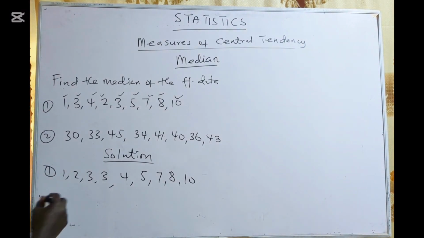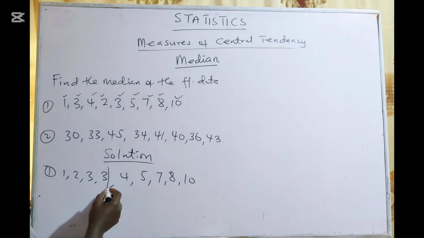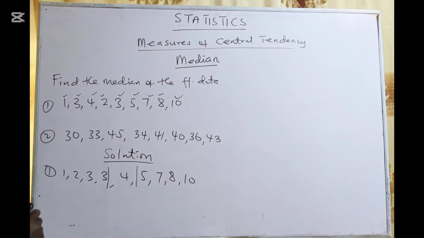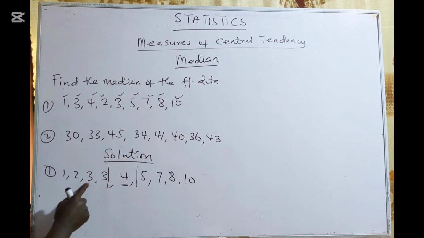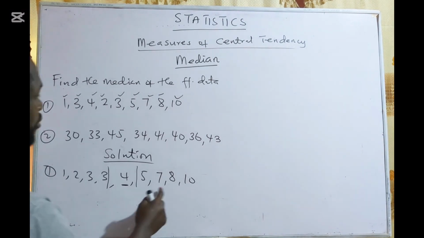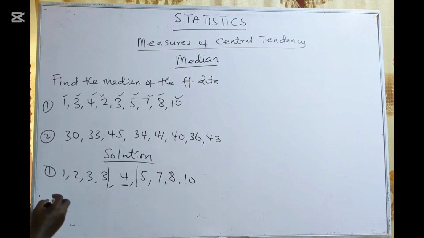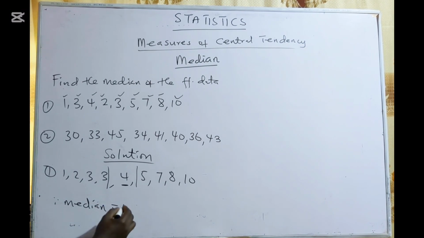Let me put 4 aside, and also put this 4 aside. The middle value gives me the number 4. So the 4 here is left in the middle. Therefore, my median is 4.